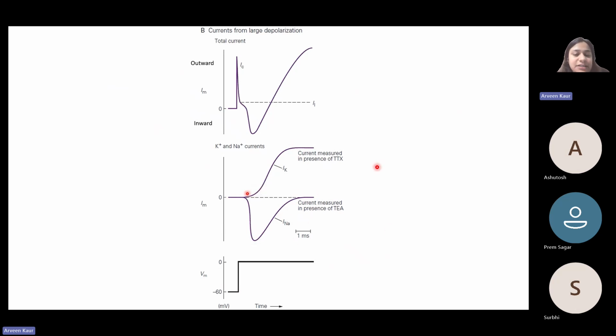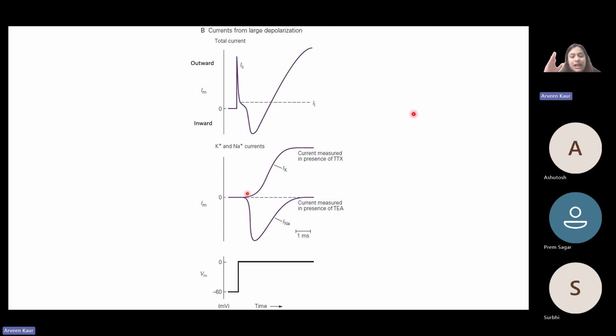And in the presence of tetrodotoxin, only the peak for potassium is seen because sodium is blocked. So it looks like this. So the total current that we see over here is a summated response of this potassium and sodium, right? But you can see that this part of the peak resembles very much the sodium, right?